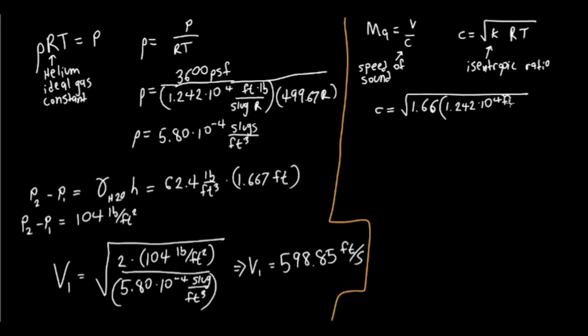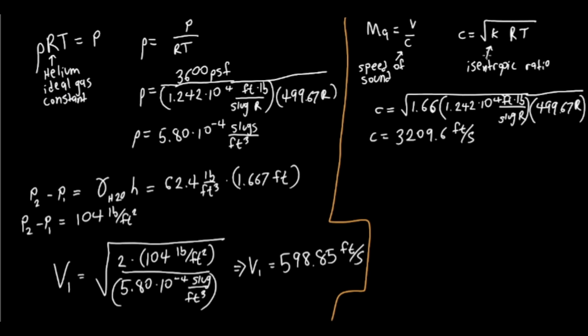Feet per pound slugs Rankine. All right, now we're going to have to squeeze this last guy in. 499.67 Rankine. All right. And then C is equal to 3209.6 feet per second.